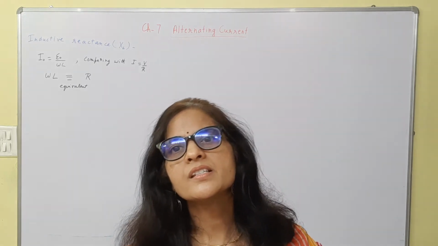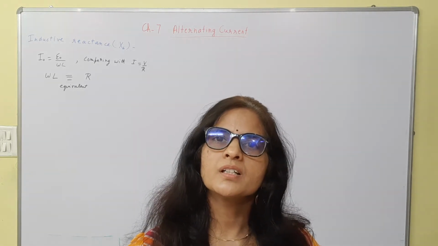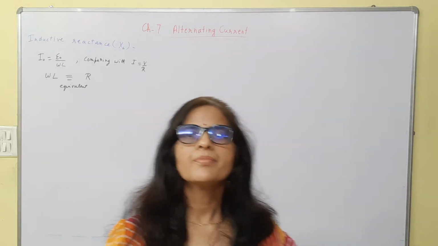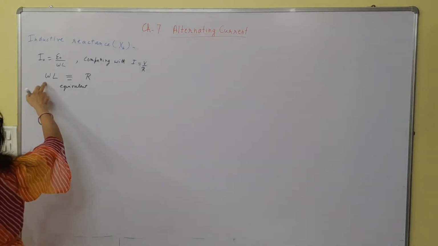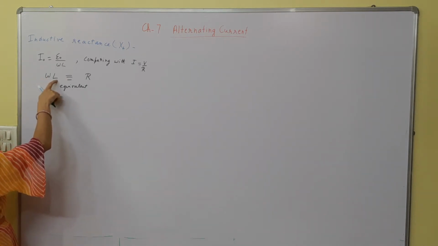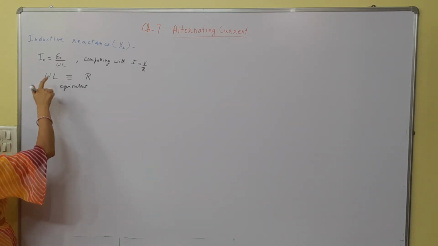So what is resistance? It is the opposition to the current by a conductor. So this is the opposition to the current when AC is applied to an inductor.